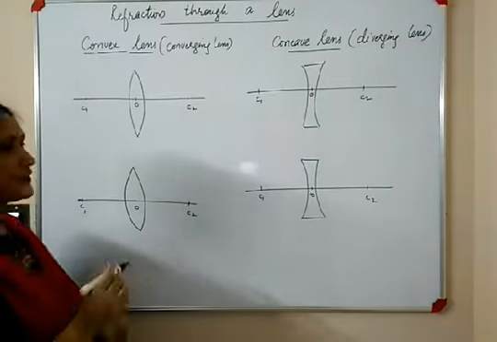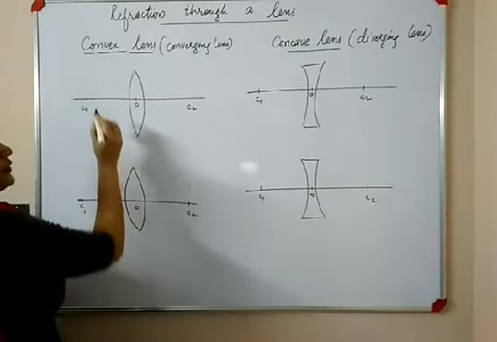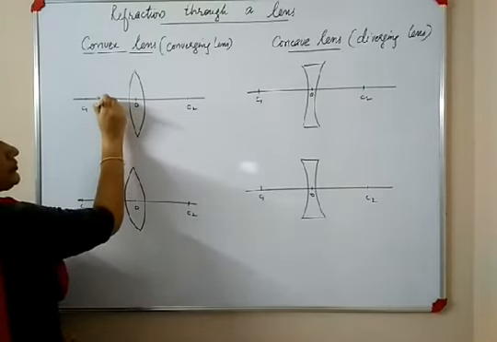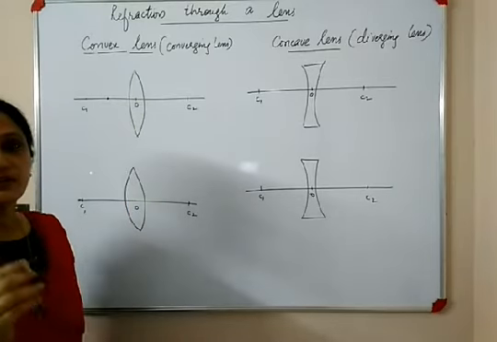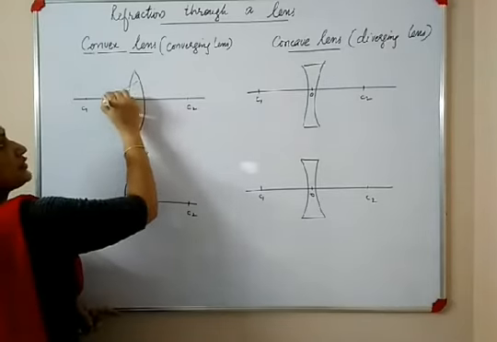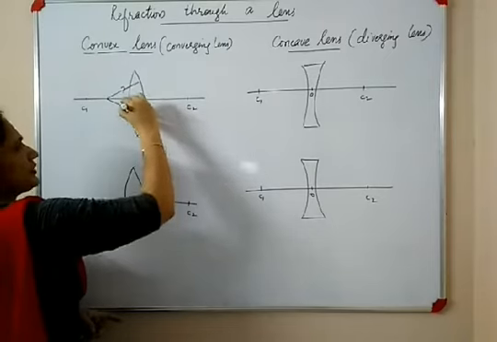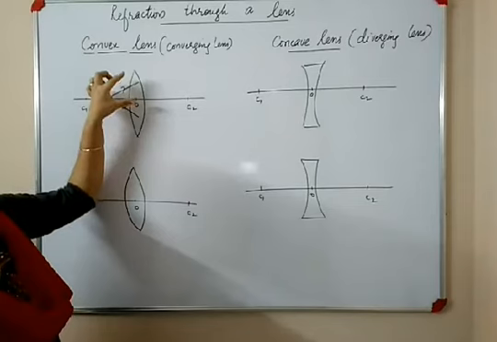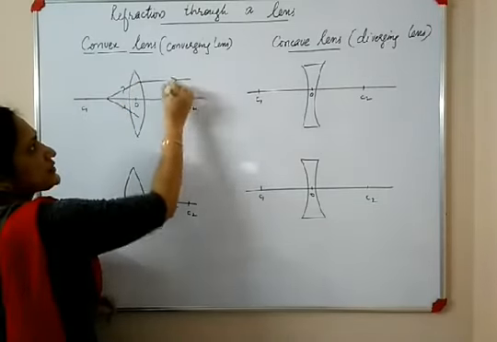Now the first principal focus of a convex lens is a particular point on the principal axis, and the special feature of that point is that the light rays passing through that point, look at the diverging rays I have shown, after passing through the lens come out parallel.